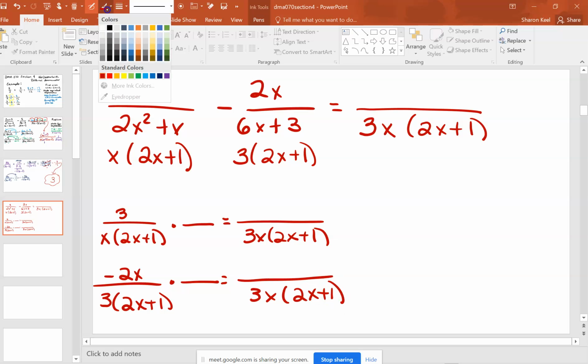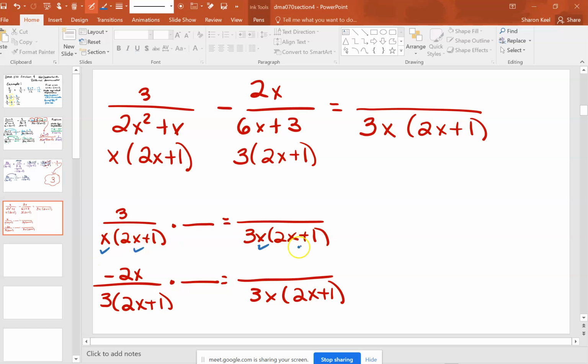Okay, so let's see what we're going to multiply by. So this one has the x and it has the 2x plus 1. What it was missing was the 3 over 3. 3 times 3 gives me a new numerator of 9. This one has the 3, it has the 2x plus 1, it was missing that single x. So here, negative 2x times x is negative 2x squared.